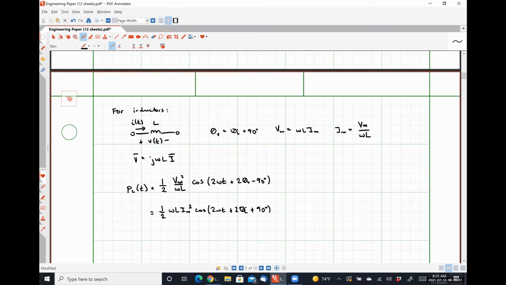Our average power by inspection is 0, which leads me to my statement that I said before.